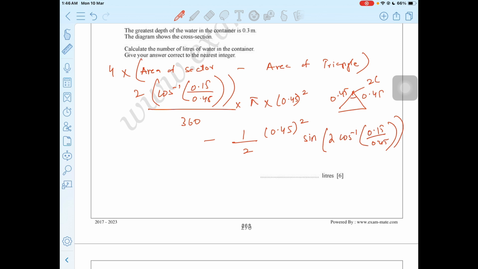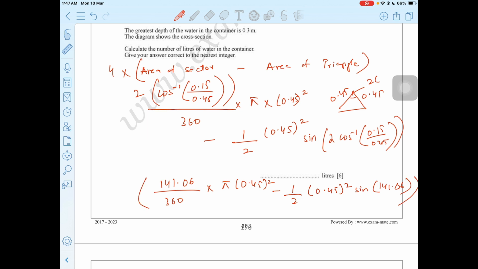This would be 70.52. This would be multiplied by 2, so this would be 141.06 divided by 360 multiplied by pi multiplied by 0.45 squared. Then this would be subtracted by 1 upon 2, 0.45 squared, and sine 141.06, right?